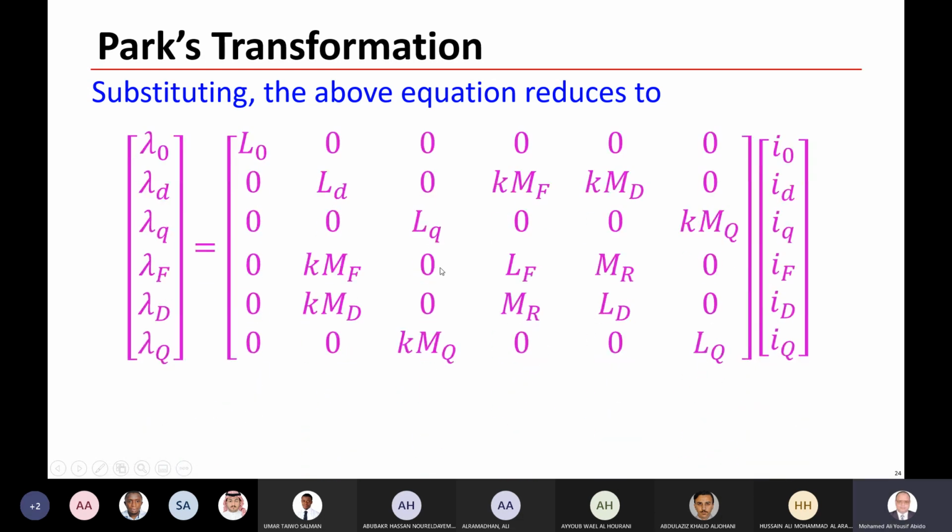So this is the flux linkage, which is equal to L multiplied by the currents now in the DQ frame. This is the stator, and these are the field winding and damper winding in the direct axis, and then this is in the quadrature axis.